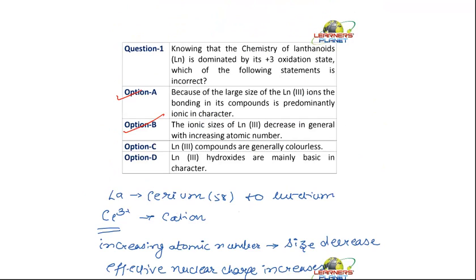Like your transition elements: transition elements show color because of the d-d transition of electrons. So this statement is incorrect. Now let's take up the next also. What is our answer now? The answer to this question is C.